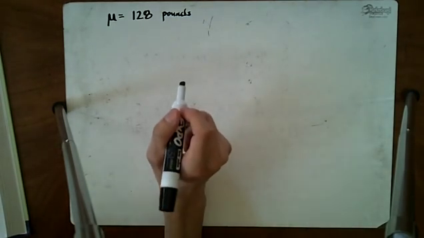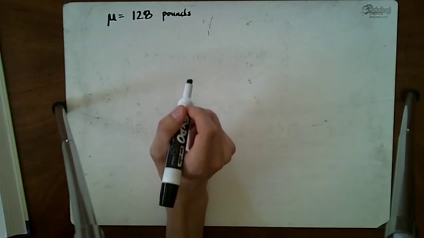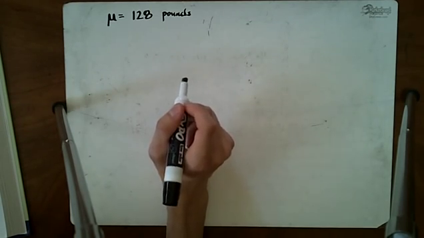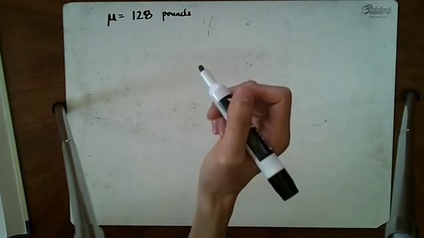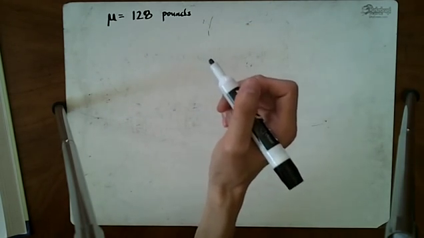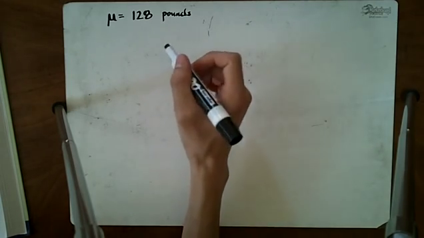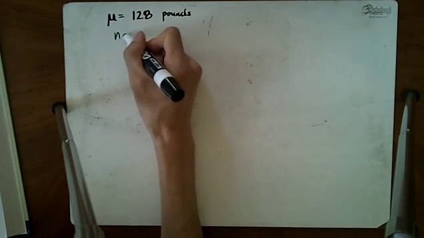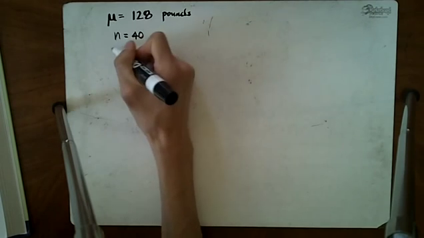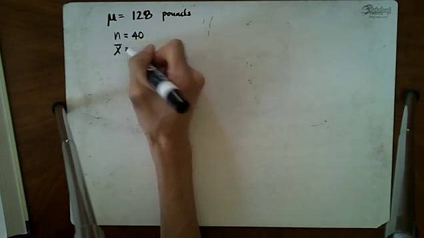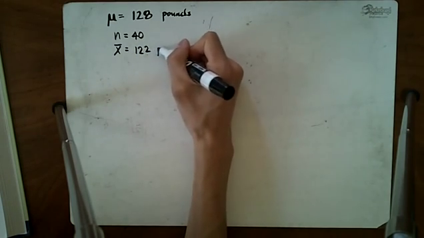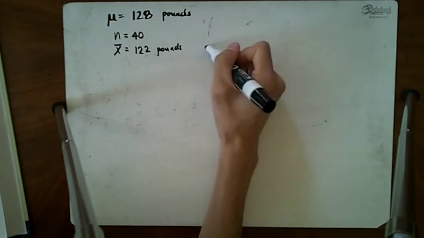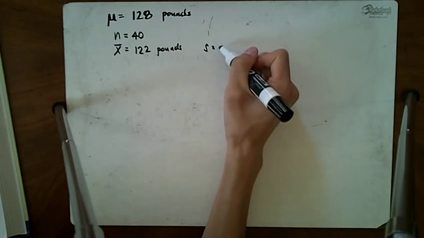And here we are looking at a random sample of 40 vegetarian women, and it shows that the mean weight of the 40 women that we selected has a mean of 122 and standard deviation of 15 pounds. So here our n is equal to 40. The mean of our sample is 122 pounds, and the standard deviation is 15.